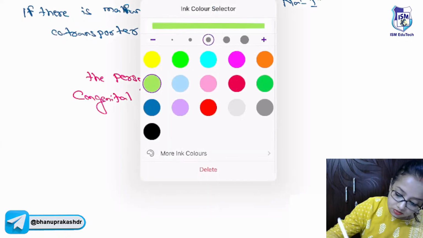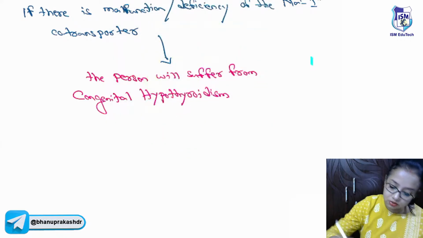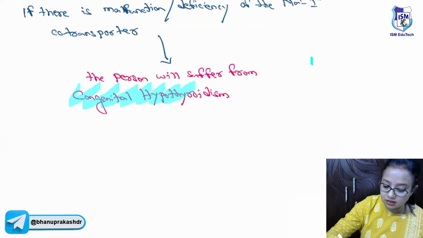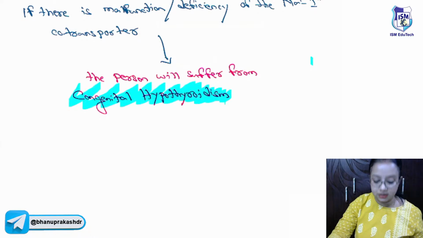Okay, the person will suffer from hypothyroidism that will be genetically inherited.